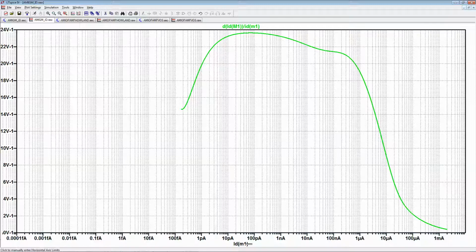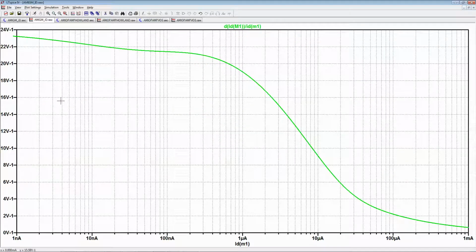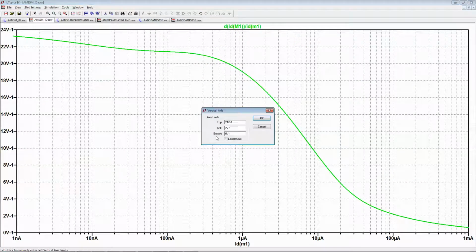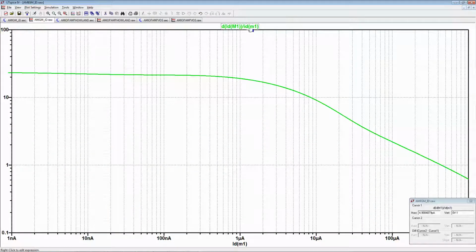Now you can zoom in, make it a little prettier. And so this should be our gm over ID.